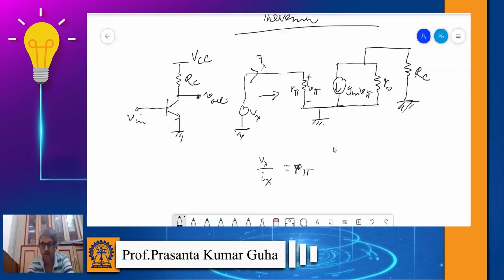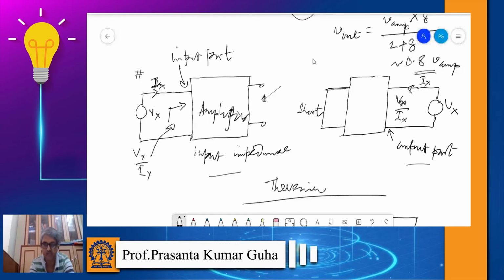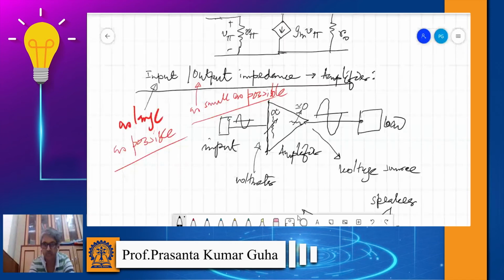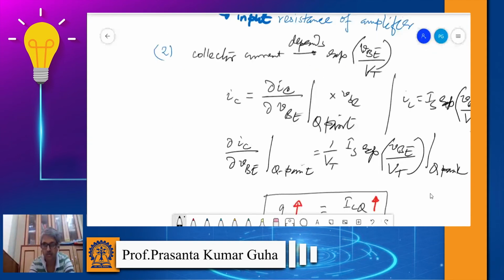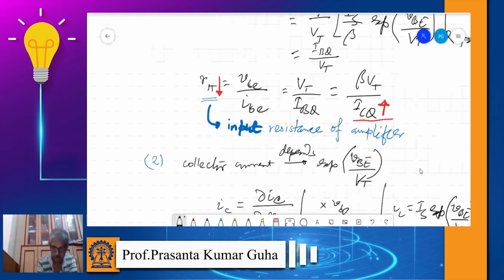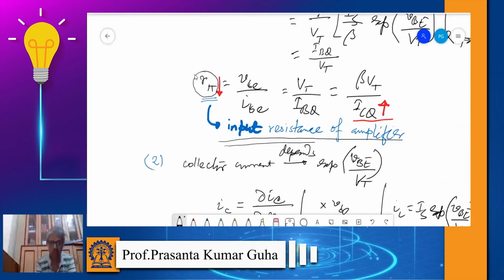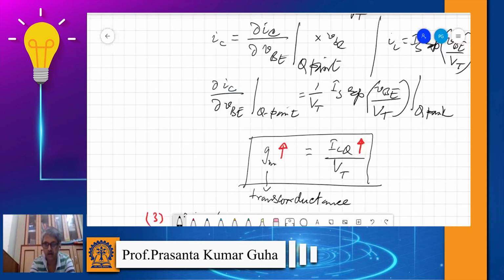You remember we mentioned just a few minutes ago, let me go back. So you see, I wrote it down here. Input resistance or input impedance is basically R pi. So that is what I have written again.